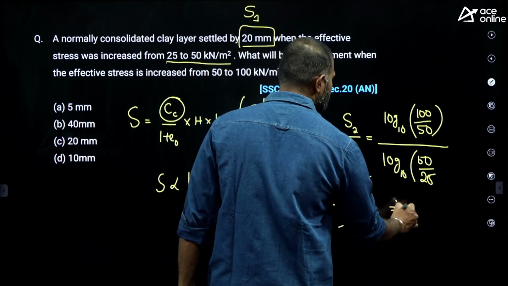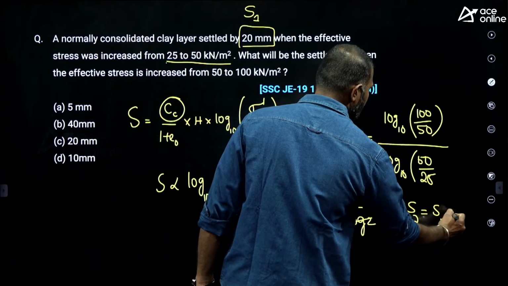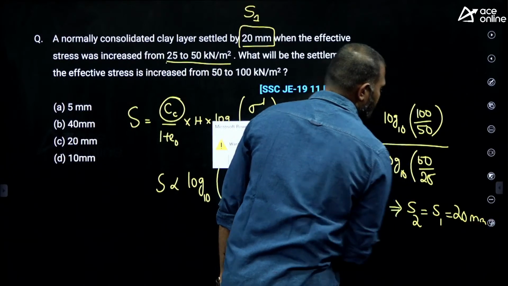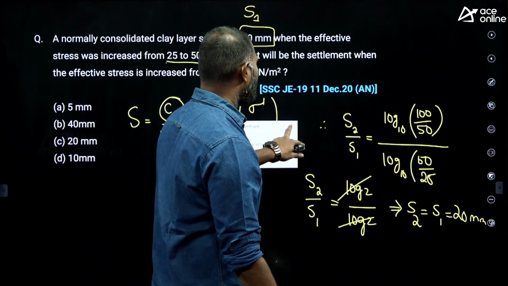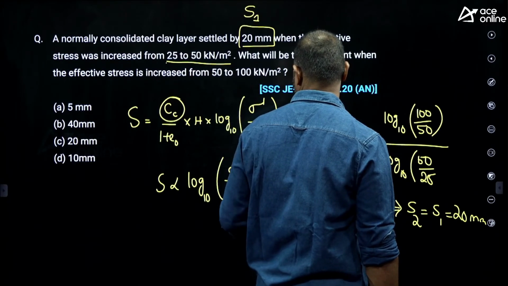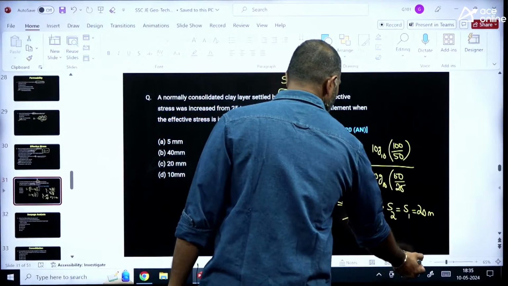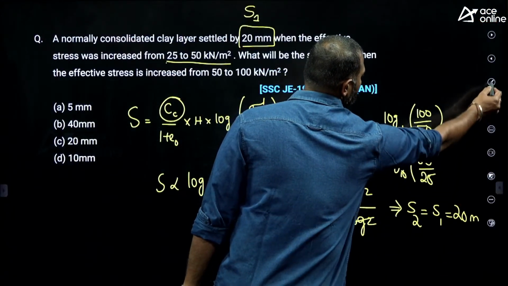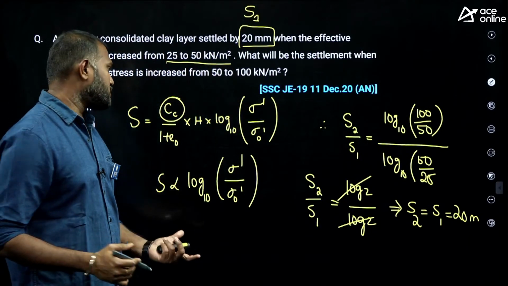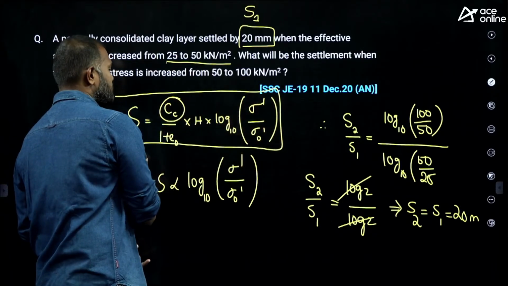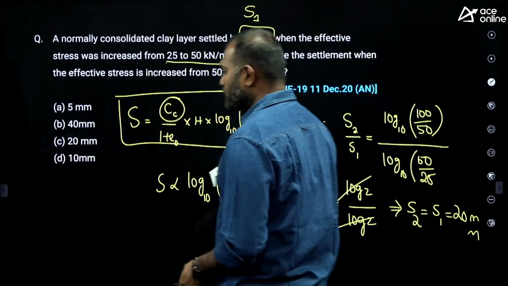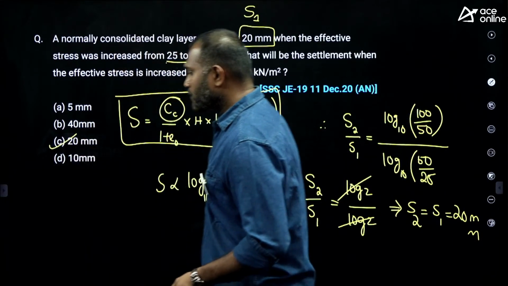Log 2 will get cancelled, then S2 is equal to S1, which is given as 20 mm. So whenever we want a relationship between the settlement and stresses, you have to use this equation. So S2 is equal to S1, which is nothing but 20 mm.